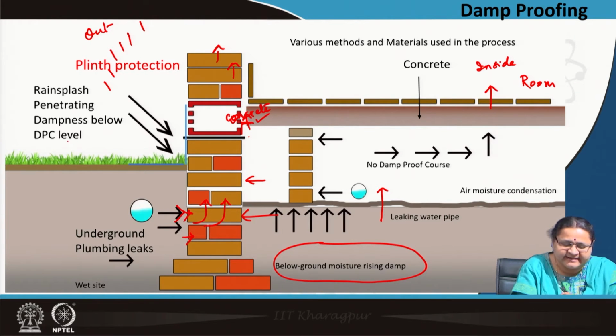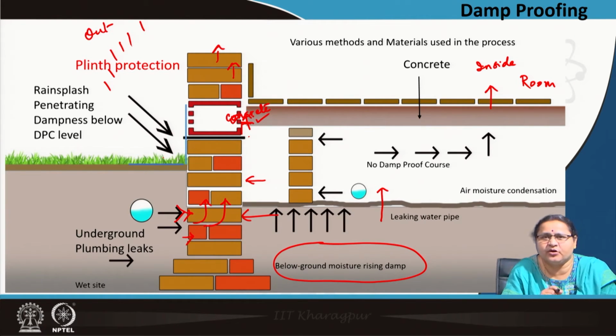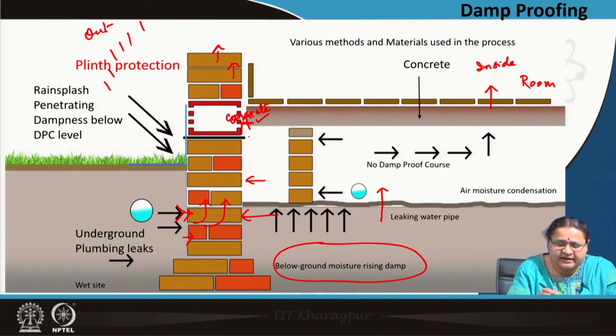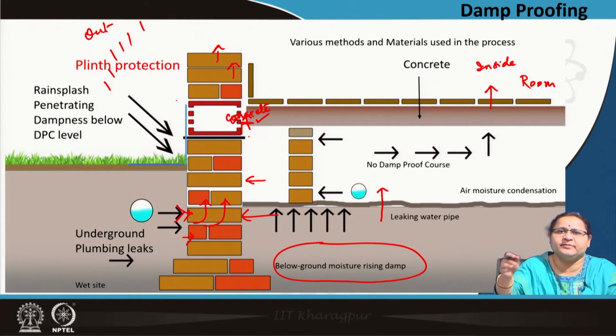The water which is accumulating, say it is a waterlogged area, there are chances that up to the plinth, that is the entry to the building, up to that height, there is waterlogging just below that level.